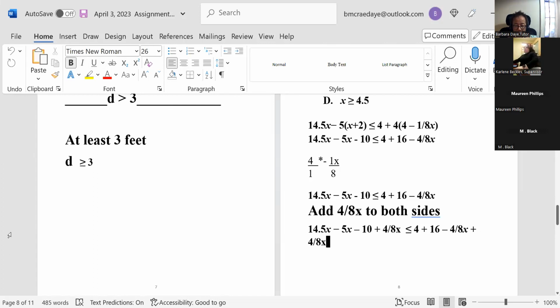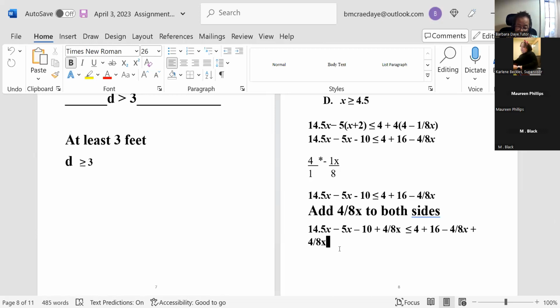So what's 14.5x minus 5x plus 4/8x? What do you get when you combine those, Maureen? 14.5x minus 5x.